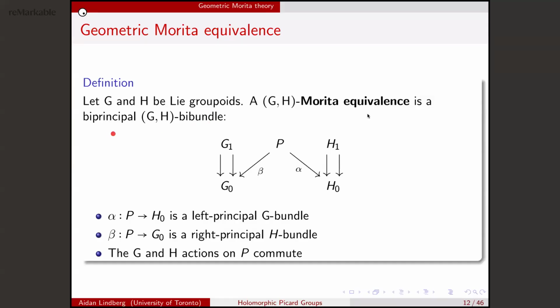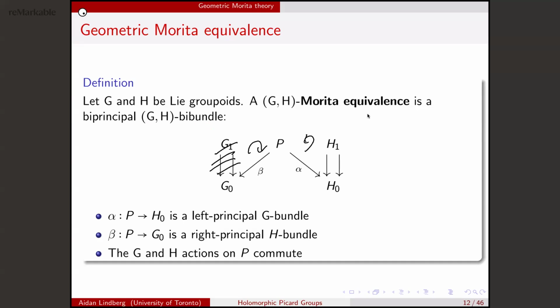That's a very long name, but all that means is that if I forget about this H1, then this is now a left principal G bundle, this thing we were just looking at. And if I were to forget that G0 was the base of some groupoid G, then this should also be a right principal H bundle.